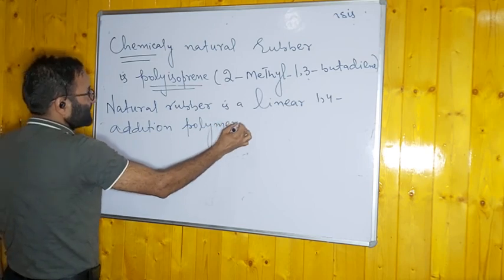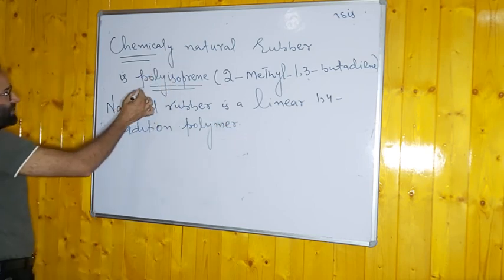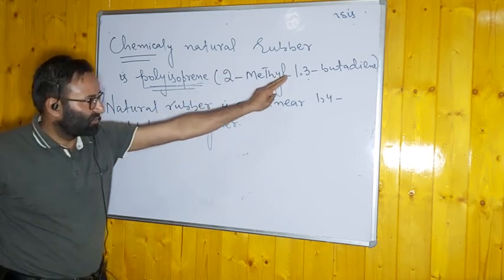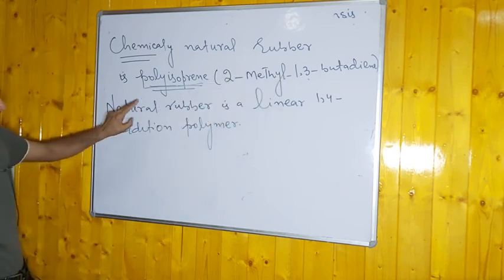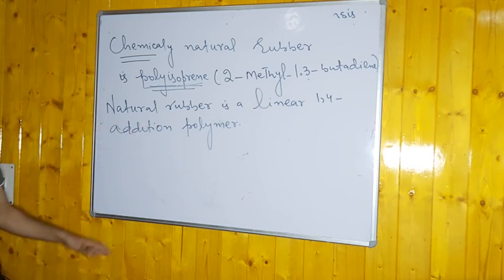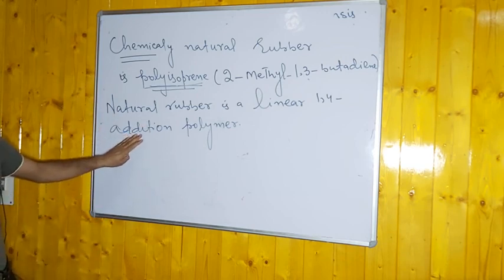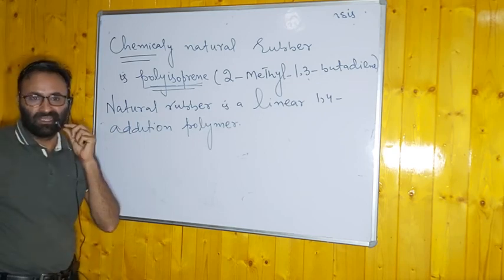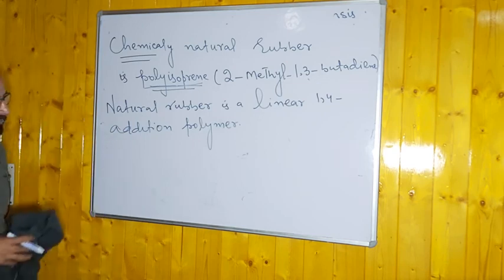First, you have to mention chemically natural rubber is polyisoprene. Isoprene is 2-methyl-1,3-butadiene. You can also say natural rubber is a linear 1,4 addition polymer. What is meant by a 1,4 addition polymer? Because carbon atoms 1 and 4 of isoprene are involved in the polymerization.